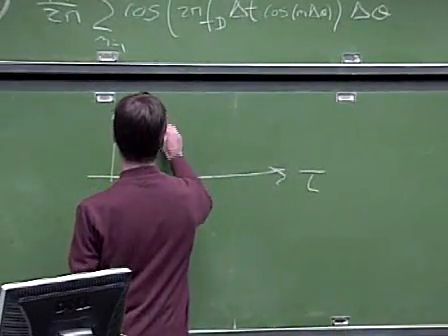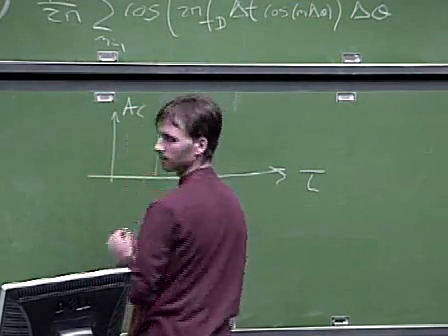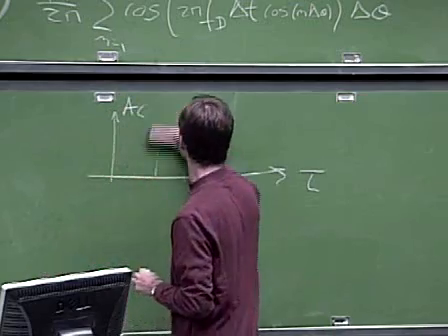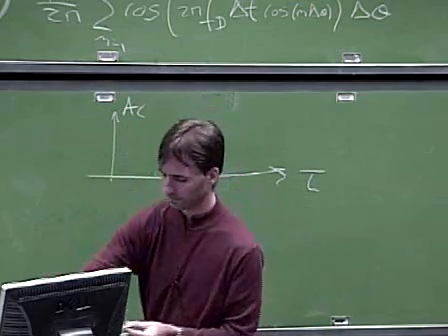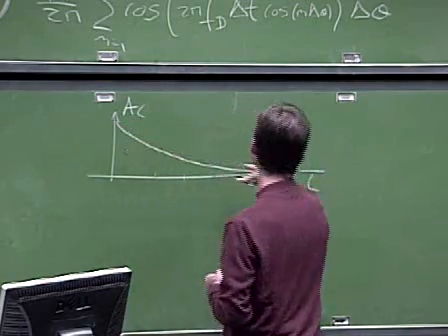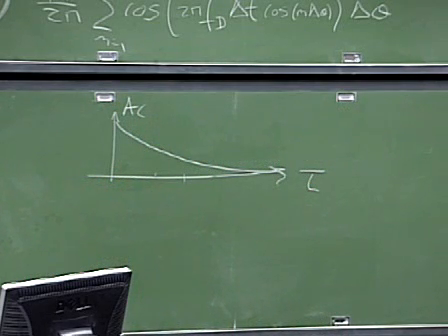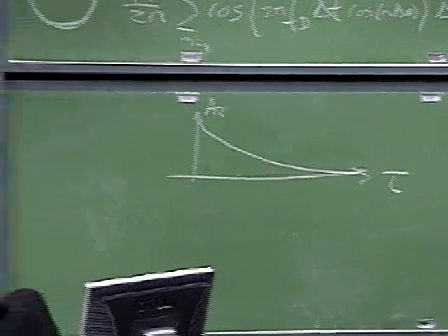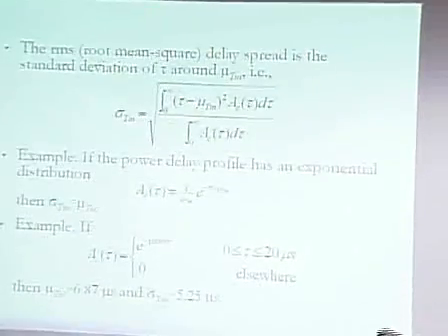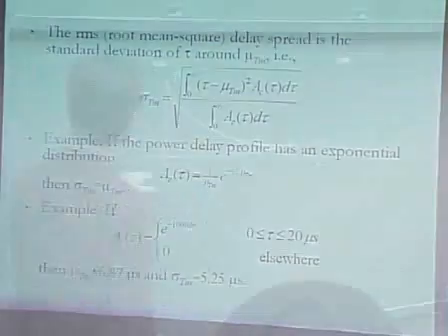It would start with some initial delay, let's say 0, and then it just follows an exponential forever. So we keep receiving power forever. In this case, there is a nice property: if you compute the mu using this equation and the RMS delay spread using this equation, you'll find that they're actually equivalent.